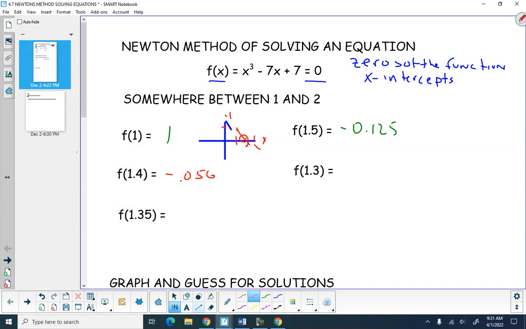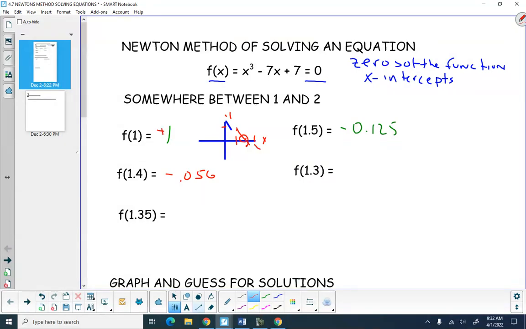We want to continue to try values here. Am I going to be somewhere between x equals 1 and x equals 1.4, or between 1.4 and 1.5? Between 1 and 1.4 still, because we're still positive here and negative here.